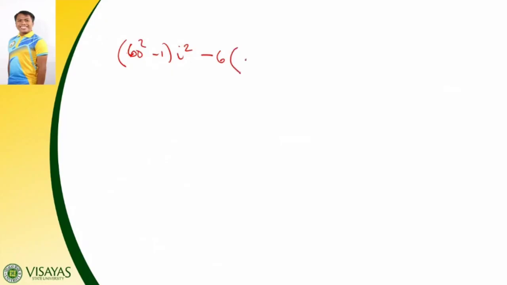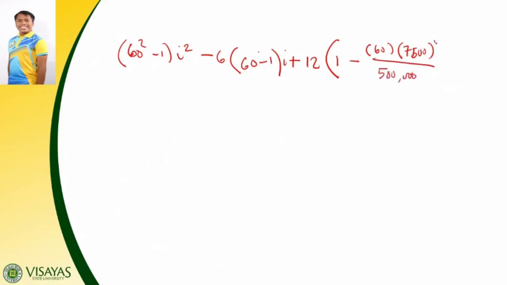Okay, it is constant. 60 minus 1 I plus 12. 1 minus 60 times 7,500 over 500,000 equals 0.